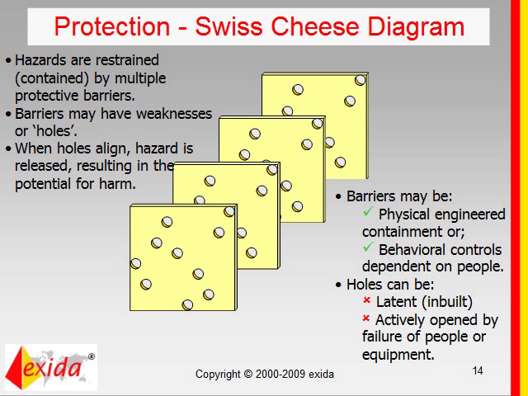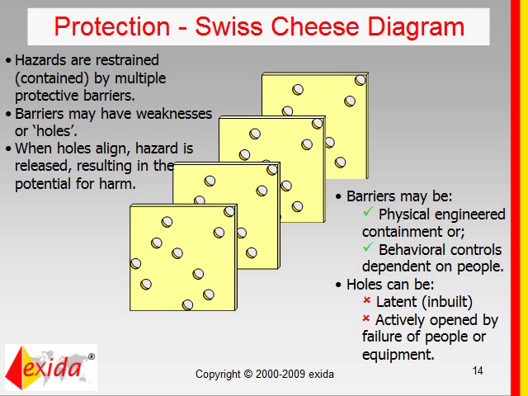The protection measures is a little bit like this Swiss cheese diagram. Hazards are restrained or contained by multiple protection barriers. Barriers may have weaknesses or holes, and when those holes align, then the hazard is released, resulting in the potential for harm. The barriers could be physical engineered containment or behavior controls, depending on people.